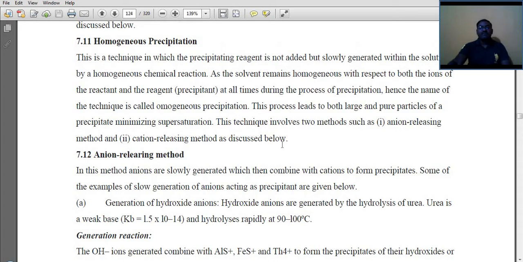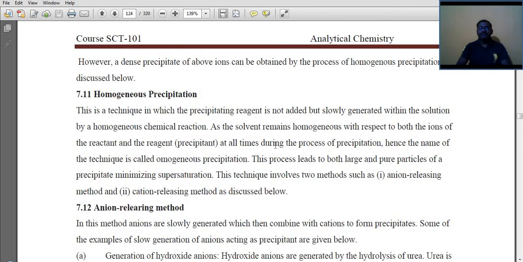Next concept, homogeneous precipitation. This is a technique in which the precipitating reagent is not added but slowly generated within the solution by a homogeneous chemical reaction.